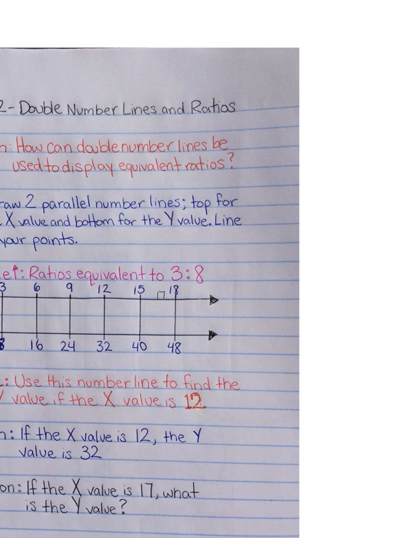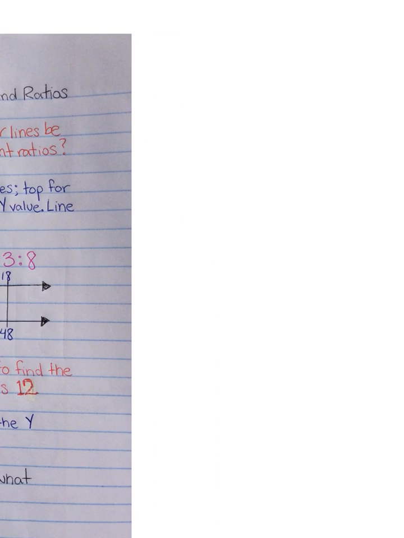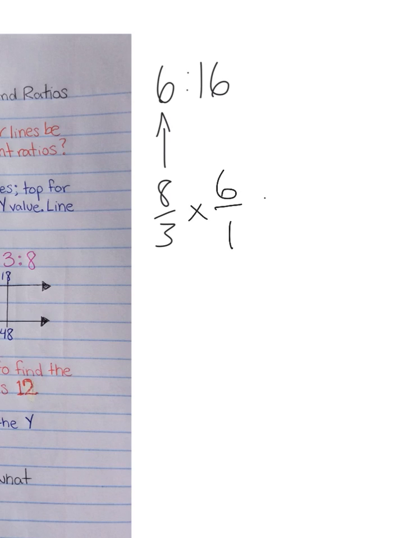If we are taking our ratio of 6 to 16, remember, multiply the x value by the multiplicative constant, which is 8/3. So let's take a look. 8/3 multiplied by 6, which is our x value. Multiply straight across. 8 times 6 is 48. 3 times 1 is 3.